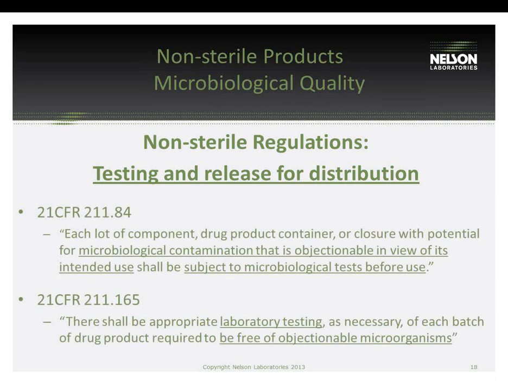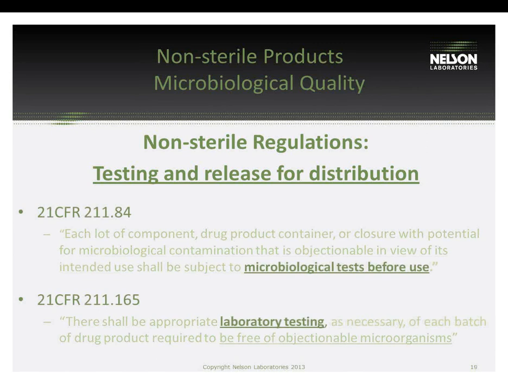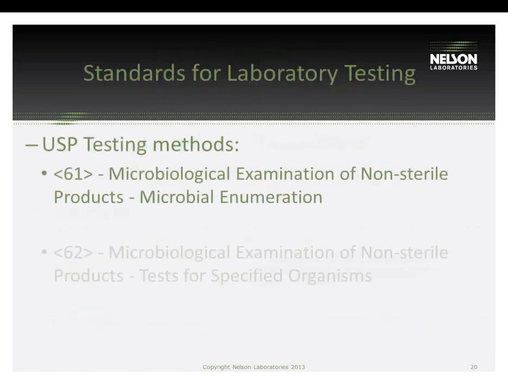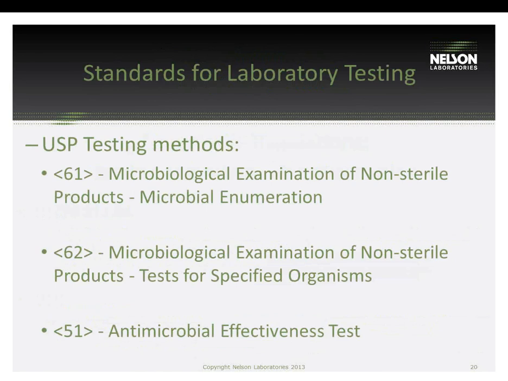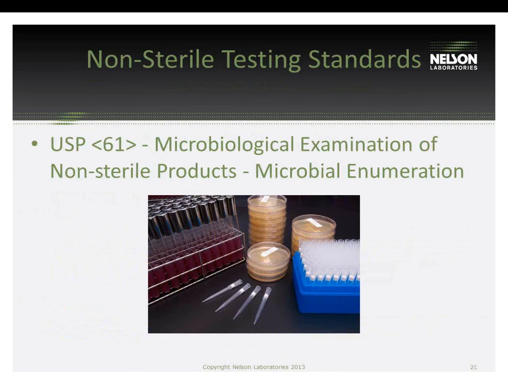So next, we will look at testing and release for distribution. The GMPs require microbiological testing before use, and appropriate lab testing to make sure the products are free of objectionable organisms. So I'll cover 3 tests that are outlined in the USP. First is USP 61, the Microbial Examination of Non-Sterile Products, Microbial Enumeration.